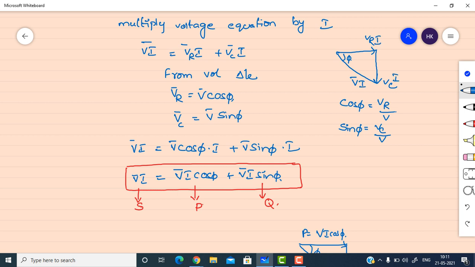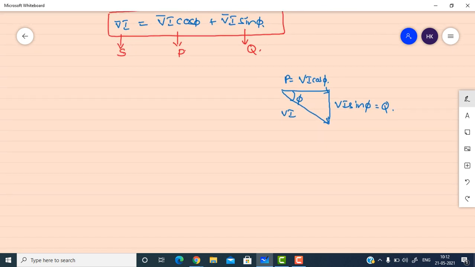Then you will get the power triangle. VR into I is nothing but VI cos phi. VC into I is nothing but VI sin phi. V into I is nothing but apparent power. Just multiply all the sides of the voltage triangle with current, then you will get the power triangle. Is it clear? This is the power triangle.